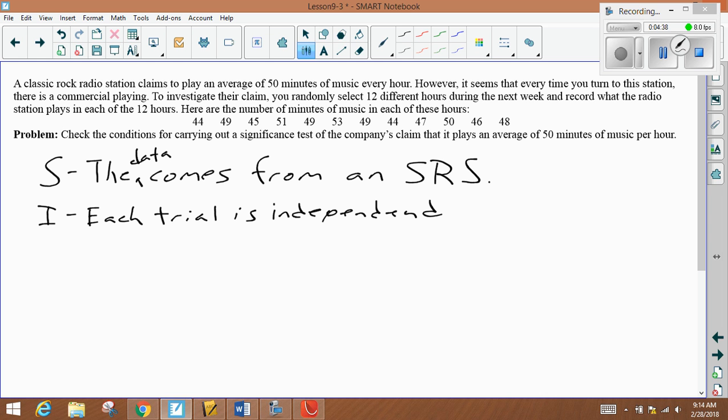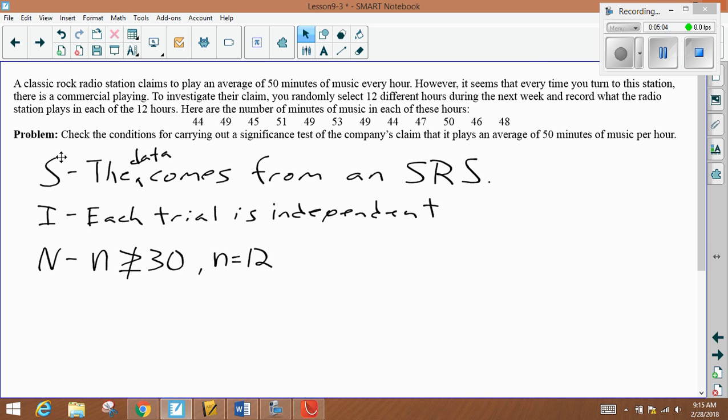Independent? Maybe not. Let's check for normality. N is not greater than or equal to 30. In fact, N is 12. So we have to assess normality in a different way.